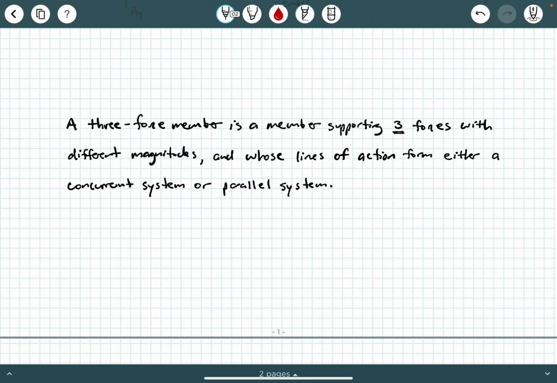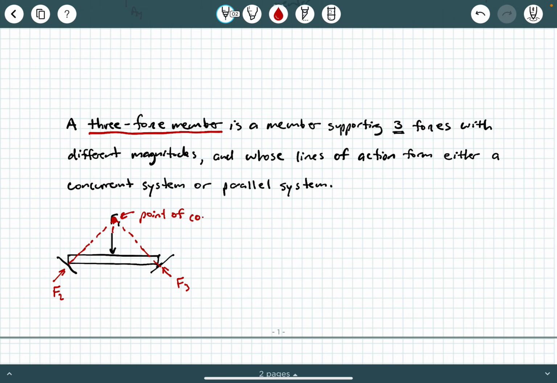Well, if I develop these reaction forces, let's call this maybe F2 and maybe F3, if the lines of action of all three of these forces meet at a common point, this right here is the point of concurrency. So this would be a concurrent system, okay? So that's what we mean by a concurrent system, and we've got three different forces that develop here.